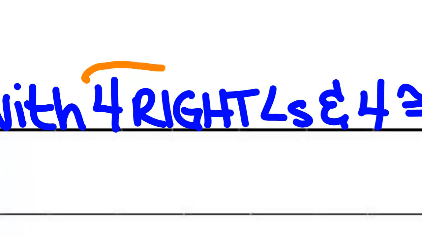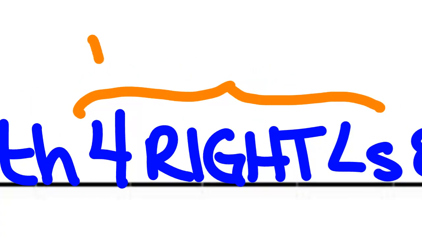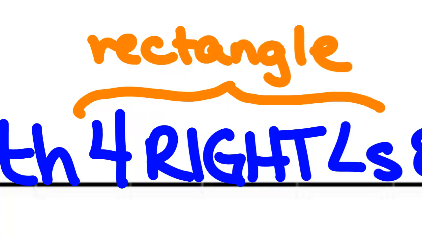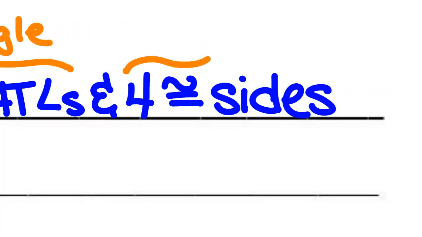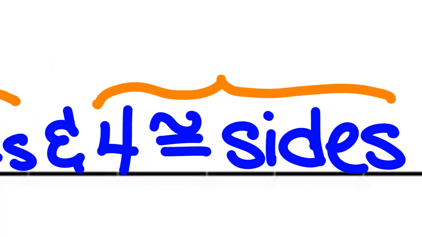What other shape have we talked about that has 4 right angles? Rectangles. What other shape have we talked about that has 4 congruent sides? A rhombus.